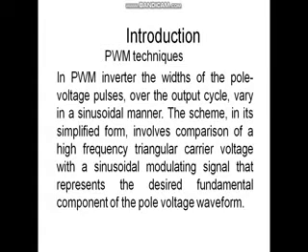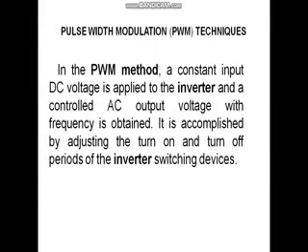This concept involves a comparison of a high frequency triangular carrier wave with a sinusoidal modulating signal. Pulse width modulation is normally classified into single pulse width modulation, multiple pulse width modulation, sinusoidal pulse width modulation, and modified sinusoidal pulse width modulation.